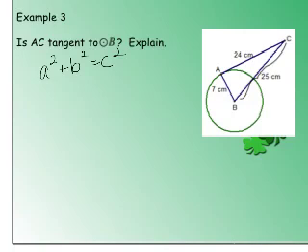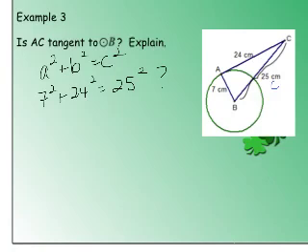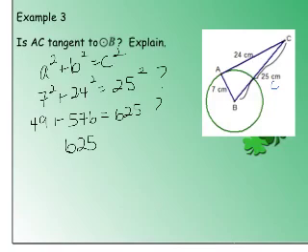My longest side is c, so 25. So I have 7 squared plus 24 squared equals 25 squared. I want to see if that's true. So 49 plus 576. I want to see if that's equal to 625. I end up with 625 is equal to 625.